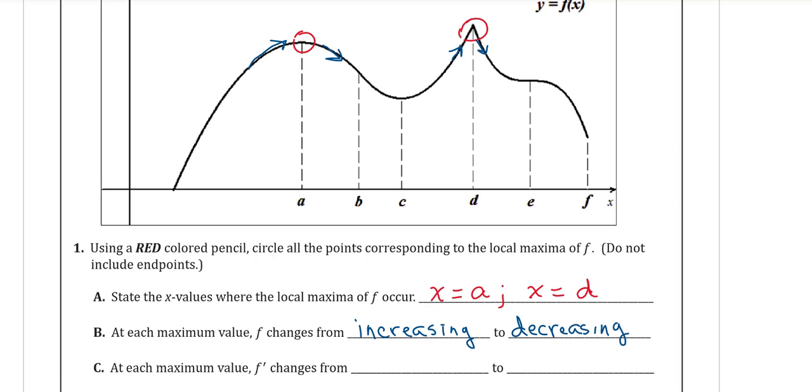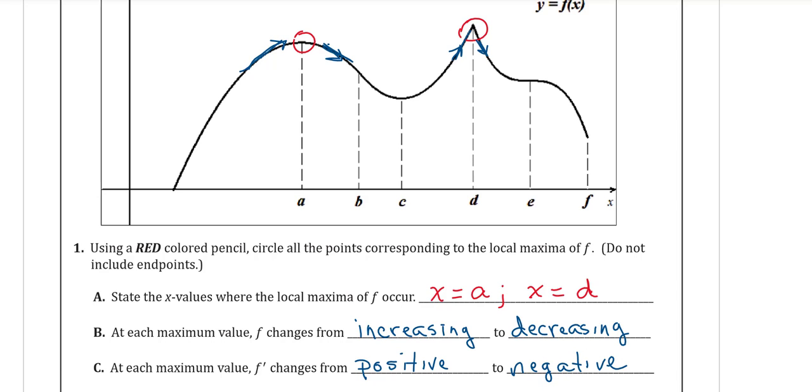Next part, at each maximum value, f prime changes from positive to negative, because since we're increasing, the slope of that tangent line will be positive on the way up, and it'll be negative on the way down. So from positive to negative.